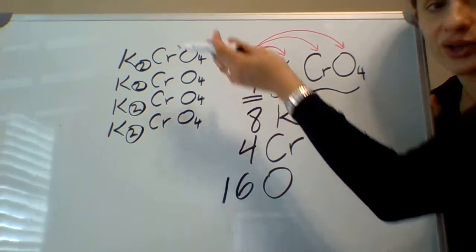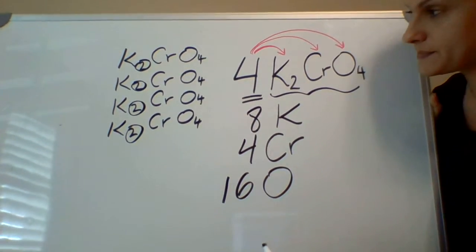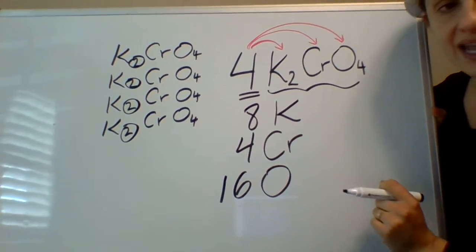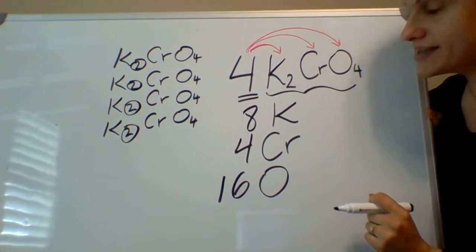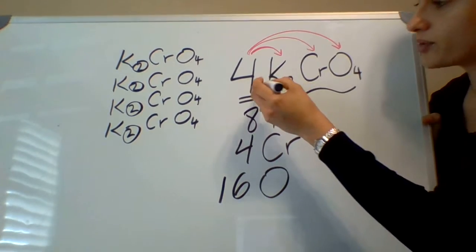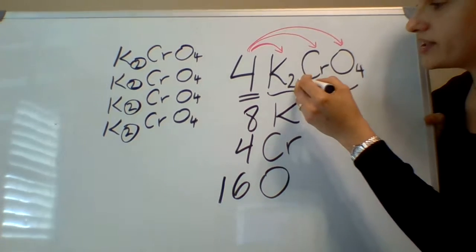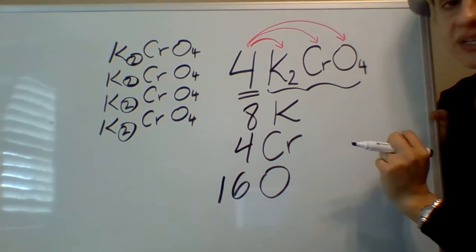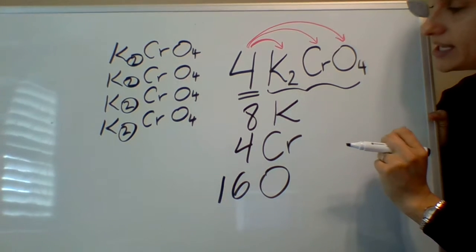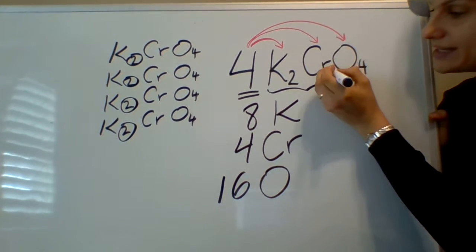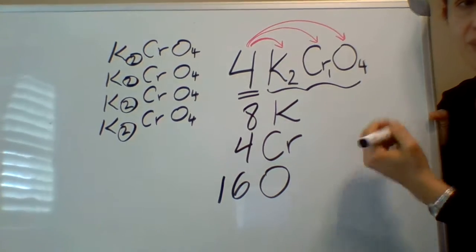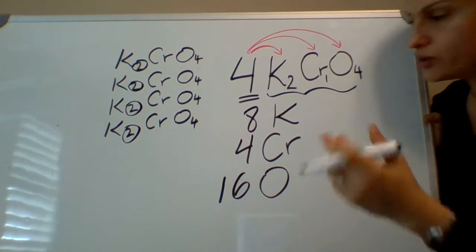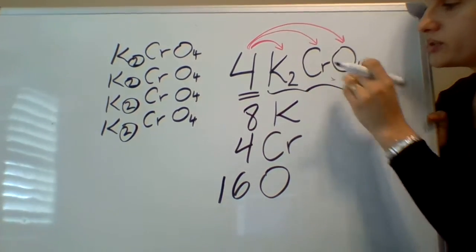Now, instead of writing this all out 4 times, because what if I gave you a number like 23? Are you going to write it out 23 times? The easiest way to calculate the number of atoms is to multiply the number 4 with the subscripts. When there is no subscript after an element, it usually means that it's 1. But we don't put the 1 because it's known. So that's why we don't put it there.